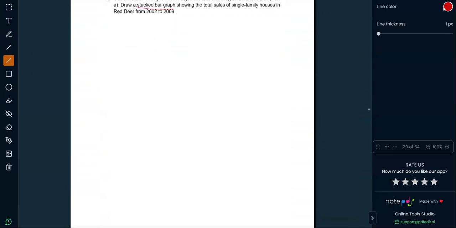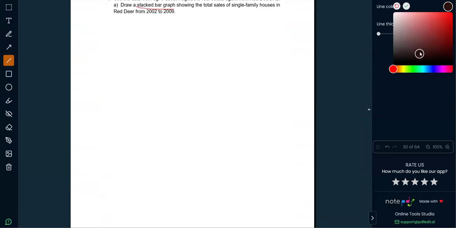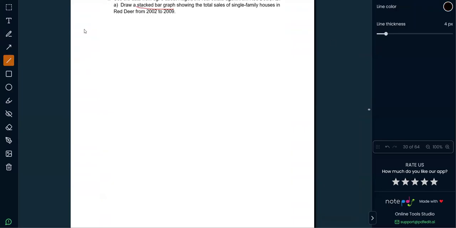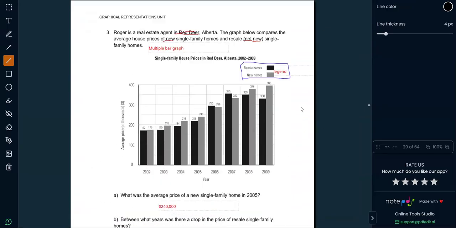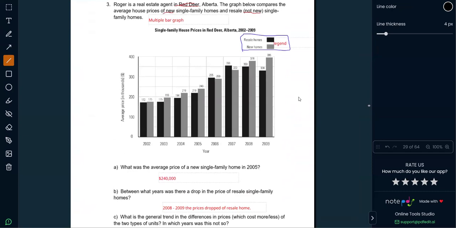So I'm just going to quickly draw in my axes. I have lots of space, so sure, why not? Let's do this. Okay, so let's think about this. Look at our data here. What's going to be X value? What's going to be Y value?